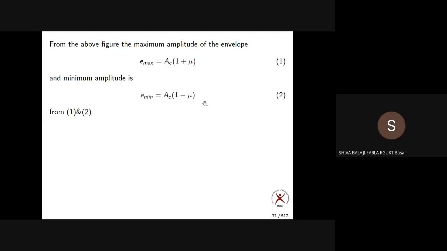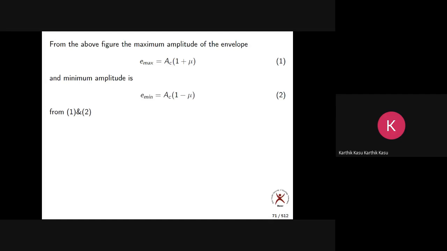From the above figure, the maximum amplitude of the envelope is A_C into (1 + mu). This is equation 1. And the minimum amplitude, which we just derived, is A_C into (1 - mu). Here we want to calculate the modulation index mu.